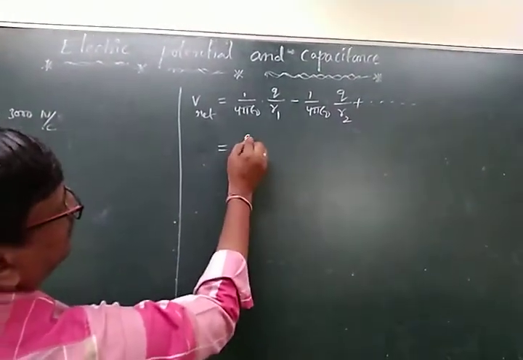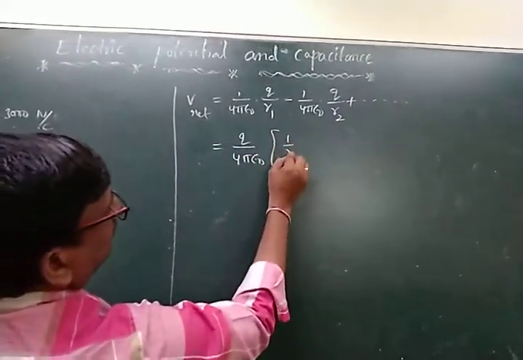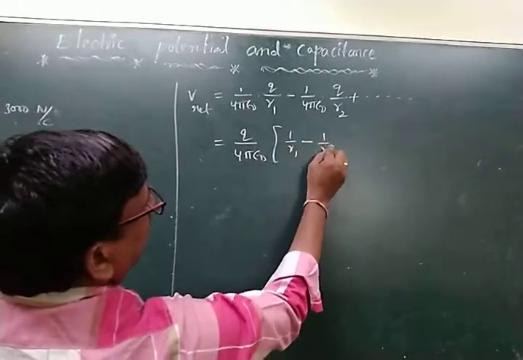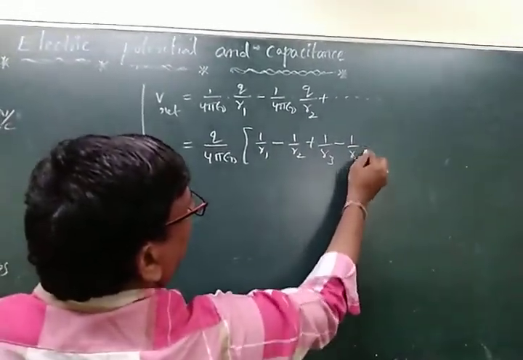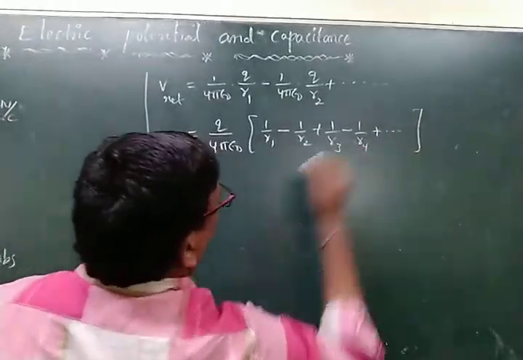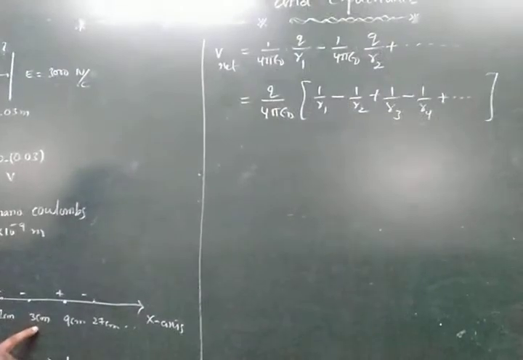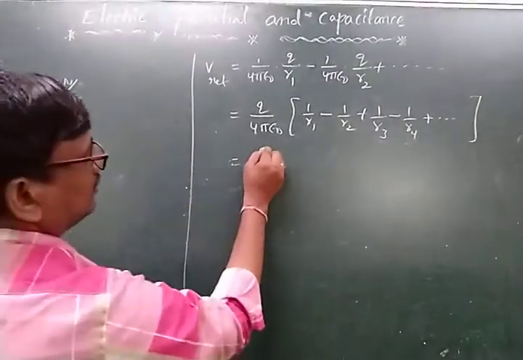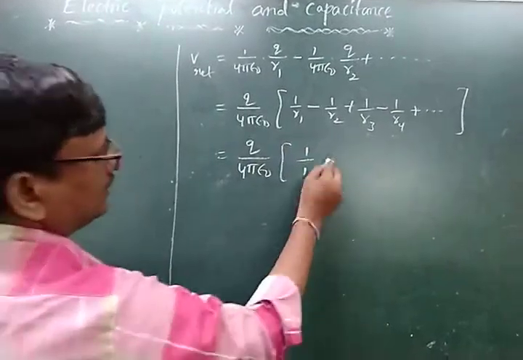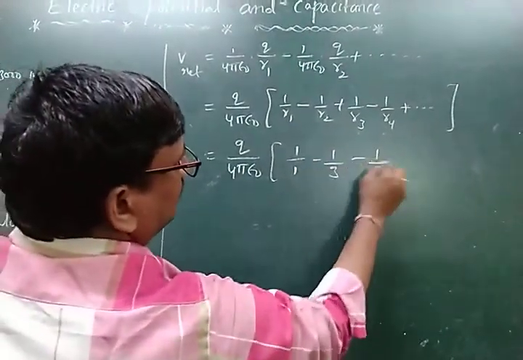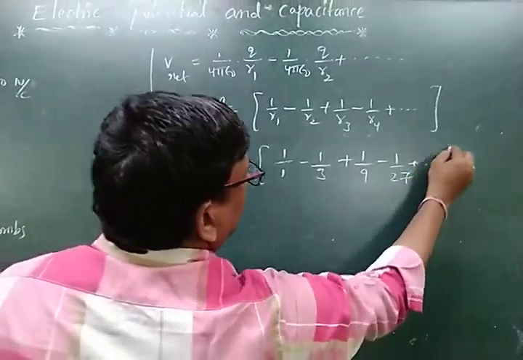Take Q by 4 pi epsilon naught common: 1 by R1 minus 1 by R2 plus 1 by R3 minus 1 by R4 plus and so on. R1 is 1 centimeter, R2 is 3 centimeters. Now we can write Q by 4 pi epsilon naught times 1 by 1 minus 1 by 3 plus 1 by 9 minus 1 by 27 plus and so on.